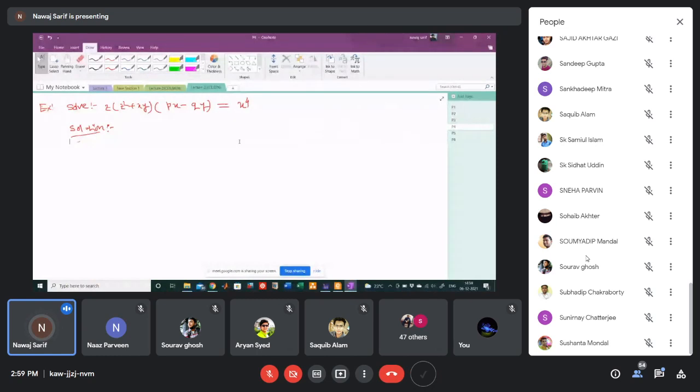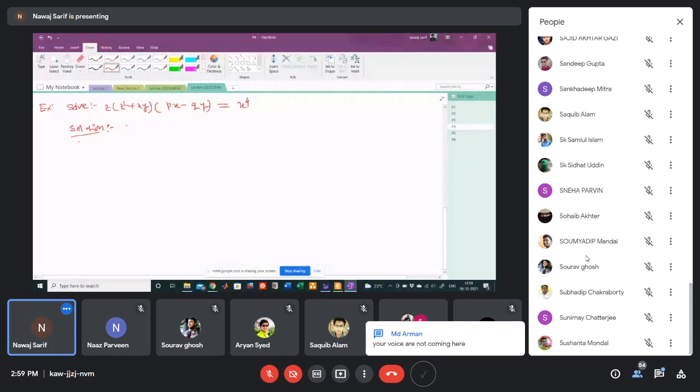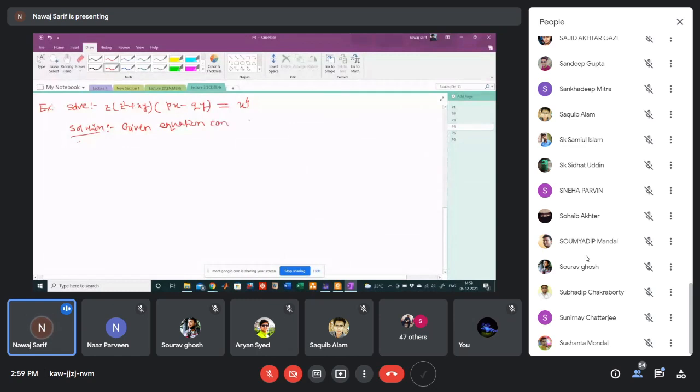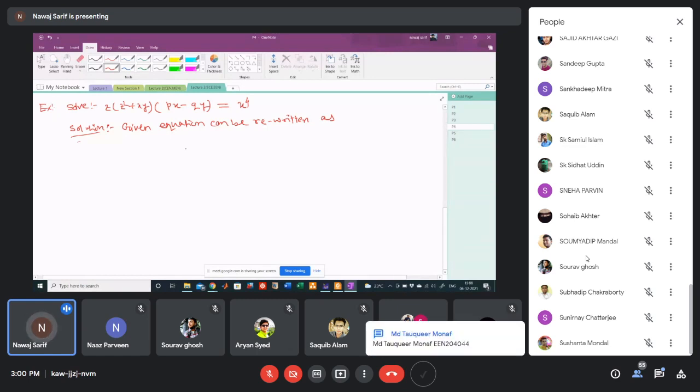Given equation can be rewritten as, what is the standard form of this equation?